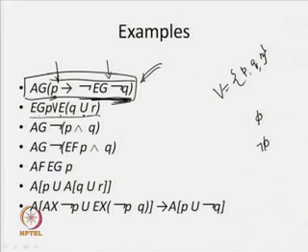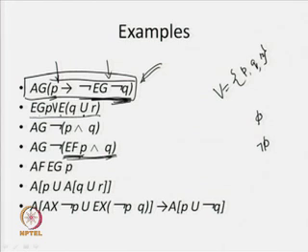Like that you can analyze the other one also. For the fourth one, P is an atomic proposition, so it is a CTL formula. F is a temporal operator and it is preceded by a path quantifier, so E F P is also a CTL formula. Q is also a CTL formula, because it is an atomic proposition. They are connected by this conjunction, so this whole thing is also a CTL formula.